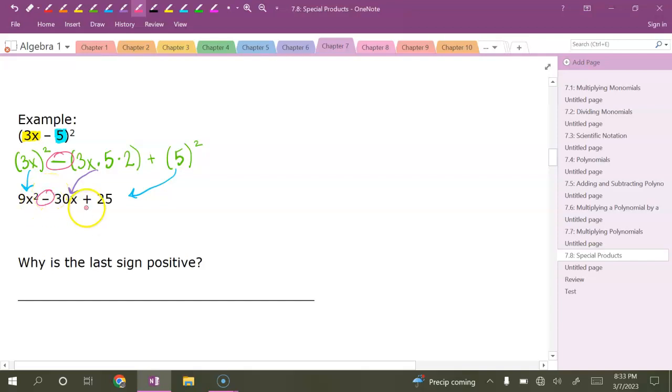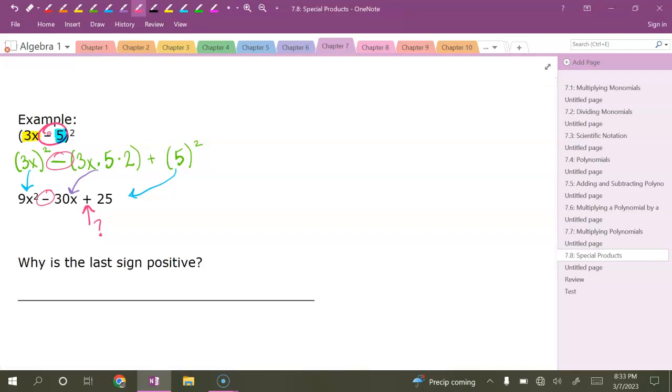Now, sometimes students wonder why that last one is still a plus sign. Because when we saw up above with the plus sign, it makes sense that everything's positive. Sometimes students look at this and think, shouldn't it just be minus minus because this has a minus sign? But I want you to ask yourself, if you look at that last term, what do you see? Hopefully you see that it says negative 5.